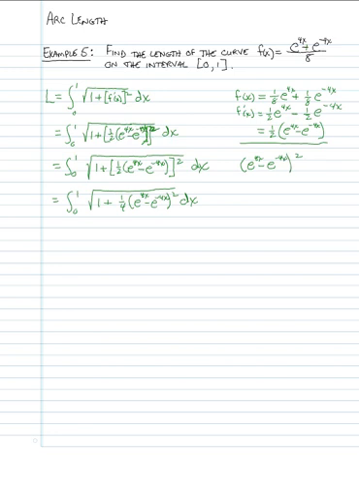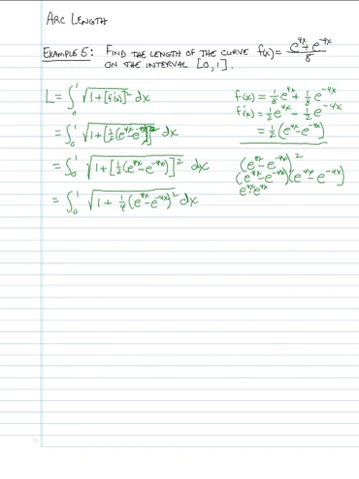Of course, that means we're going to have e to the 4x minus e to the negative 4x as a factor twice, times e to the 4x minus e to the negative 4x. Okay, so as we FOIL that, notice that we end up with e to the 4x times e to the 4x. Okay, I'm going to write that down. We're going to come back and talk about that just in a second.